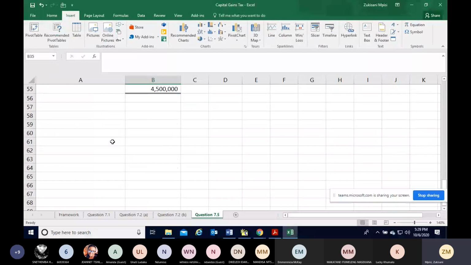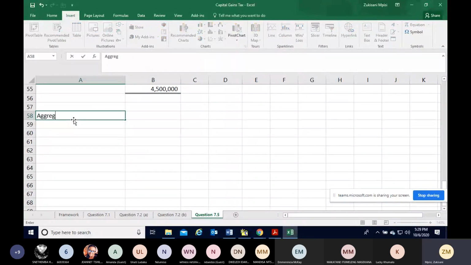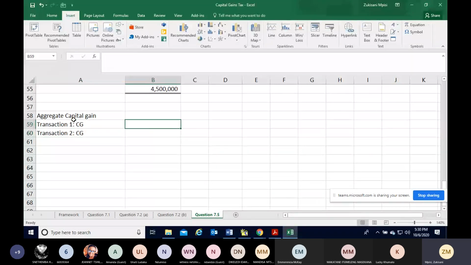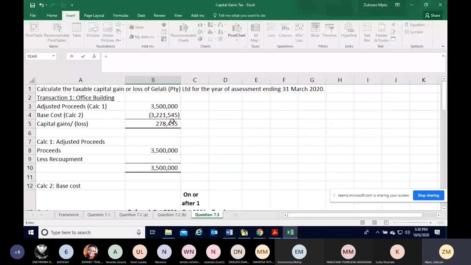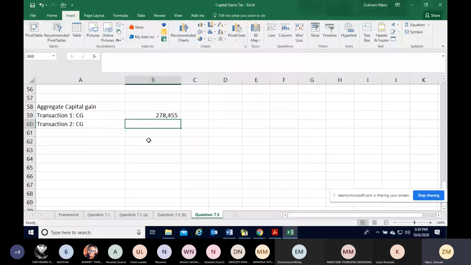So we move on, and what we now look at is the aggregate capital gain for the year, which is going to be transaction 1, which fortunately we know we've got a capital gain, and transaction 2, which we also know we have got a capital gain. Transaction 1, the capital gain was 275,455.